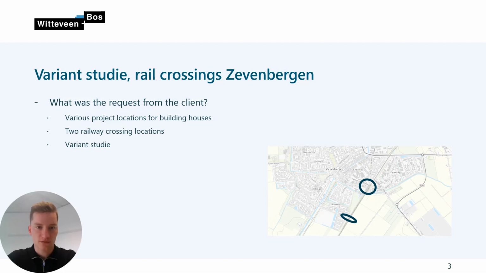The location of the crossing was around the local train station, but where we would cross the railway was up to us. The smaller circle was really straightforward. The location was already located and the crossing needed to be also for fast traffic. On those projects we made a variant study, and how we did this with Appelman Bridge I will present to you.